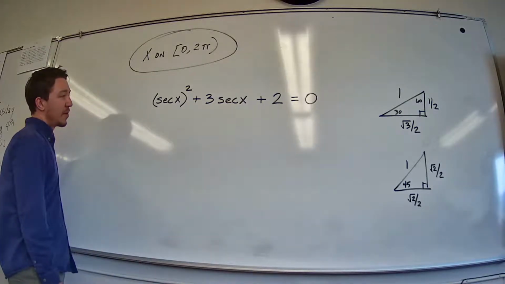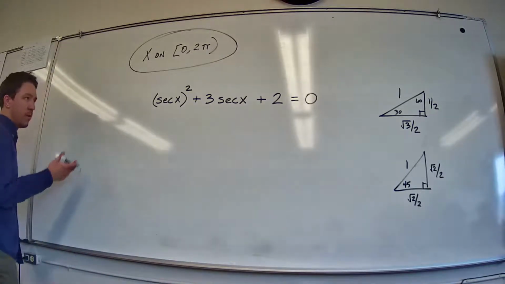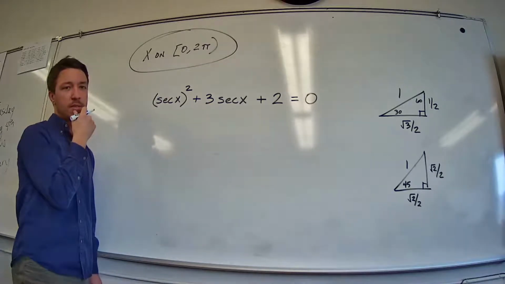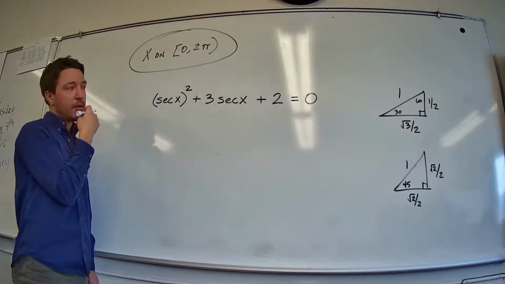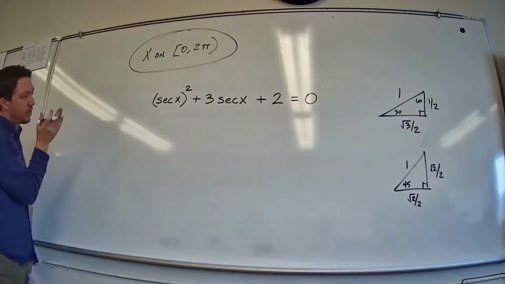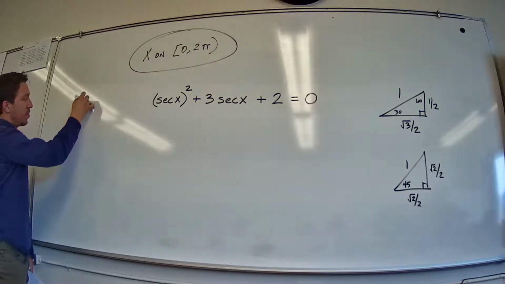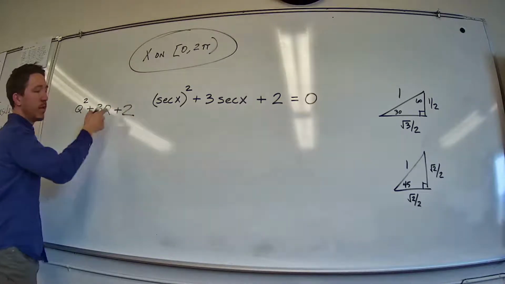Anyway. How do we approach something like this? Well, the answer would be, who knows? It's a one-word answer. What approach would be used to factor it? If you're not seeing that right away, what you want to do in your mind is go, well, is that really any different than saying q squared plus 3q plus 2 equals 0?